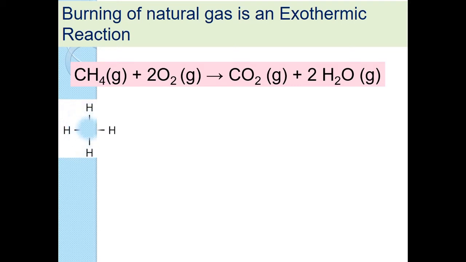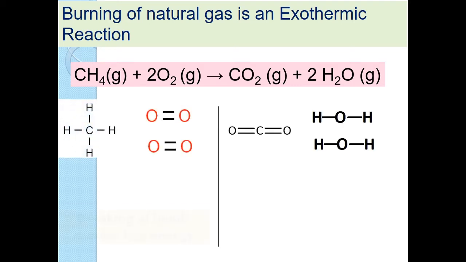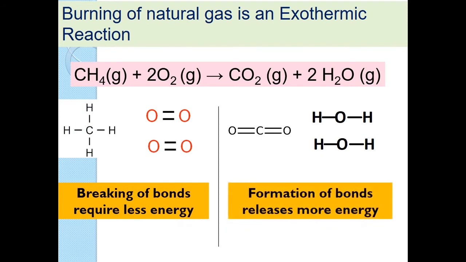Let us discuss this particular case. With reactants, there are 4 C-H bonds and 2 oxygen-oxygen bonds. And with products, there are 2 C=O bonds and 4 O-H bonds.